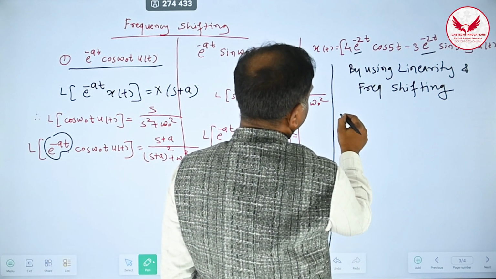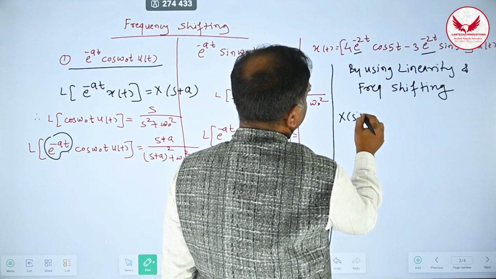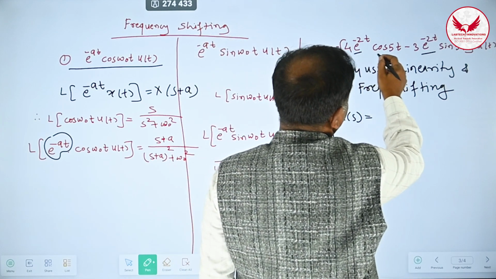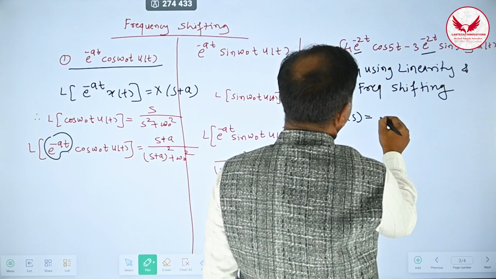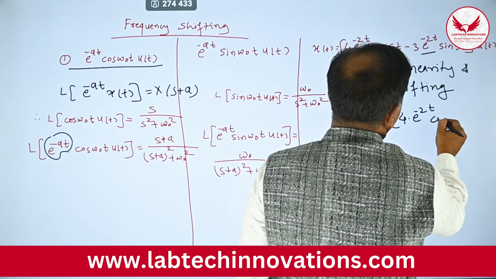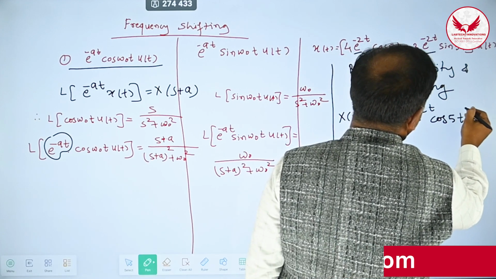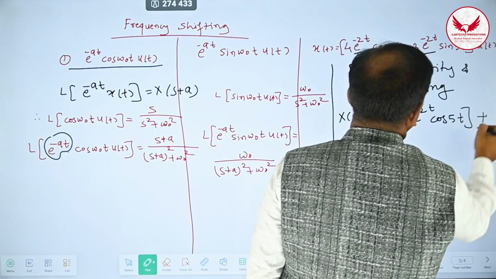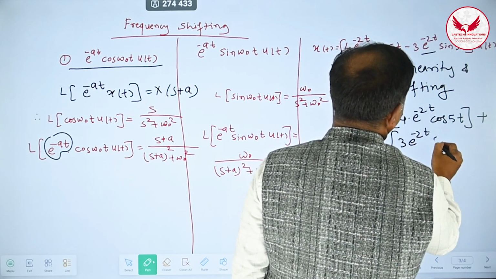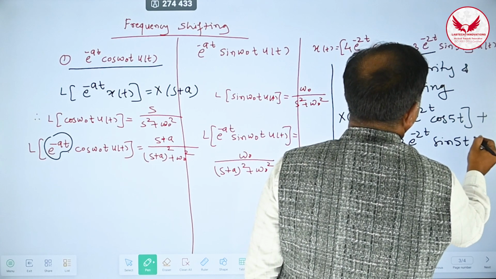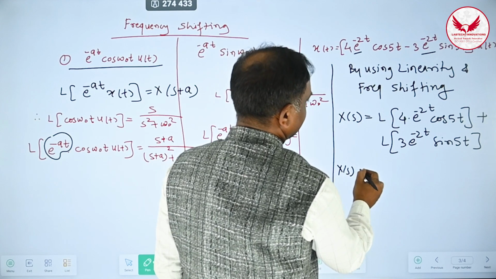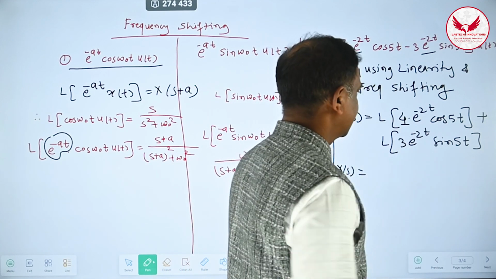You have to specify this because you will get marks; unless you specify this you don't get full marks. So therefore the x of s here I will write, directly also you can write: Laplace transform of this plus Laplace transform of this. So I will write Laplace transform of 4 into e raised to minus 2t into cos of 5t plus Laplace transform of 3 into e raised to minus 2t into sine of 5t into u of t. So here the 4 is constant, so I will take 4.